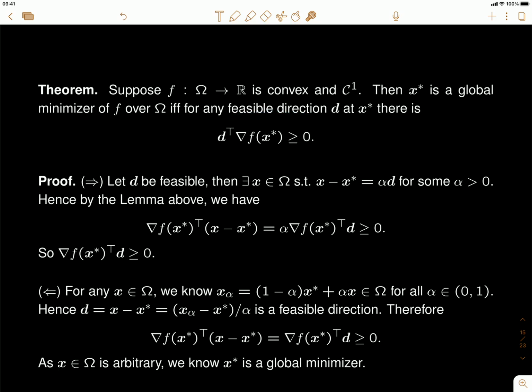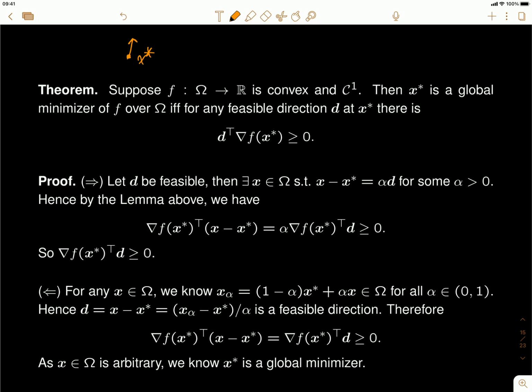This is something we learned in the first few lectures this semester. This makes sense because if you start from x star, which is a local minimizer, and go along any feasible direction, the function value can only increase rather than decrease.